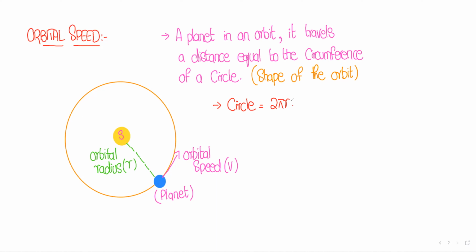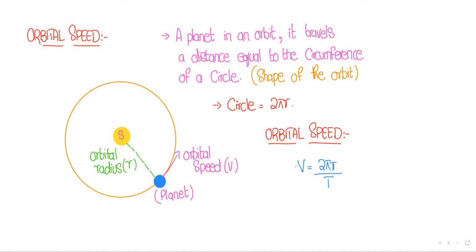So if we want to calculate the orbital speed with the reference of a formula, the formula to calculate the orbital speed will be v equals 2 pi r over t, right?